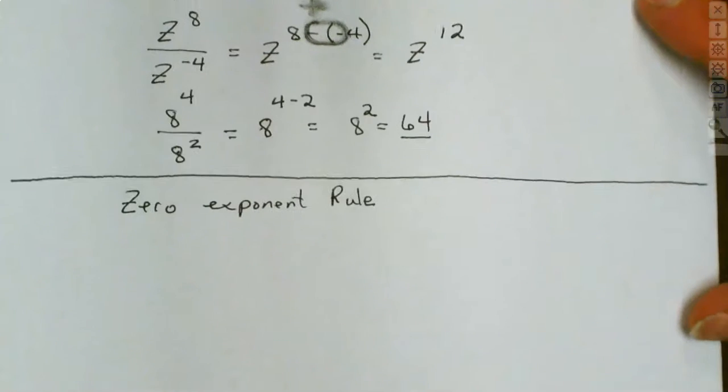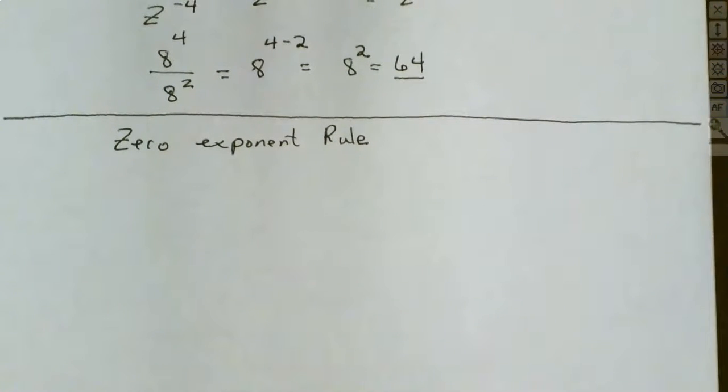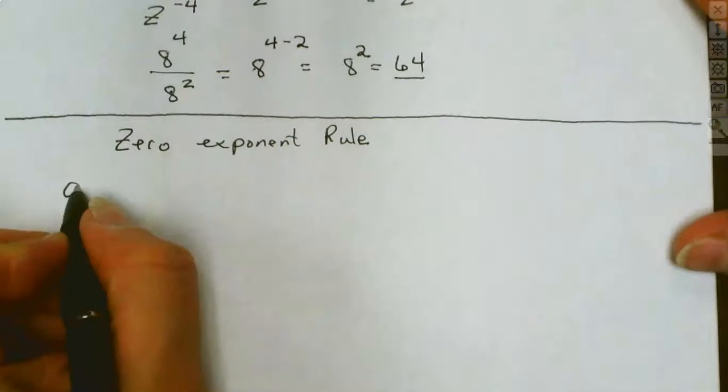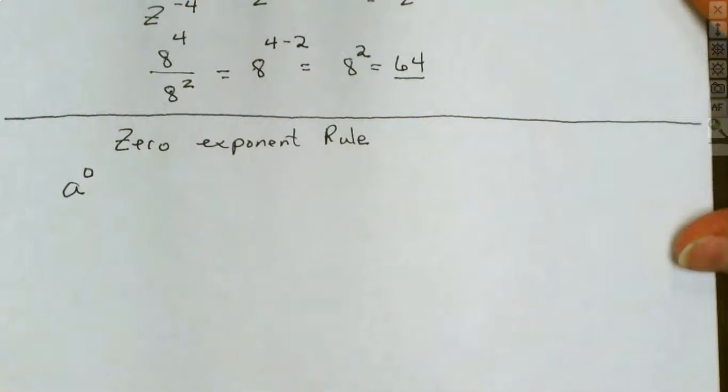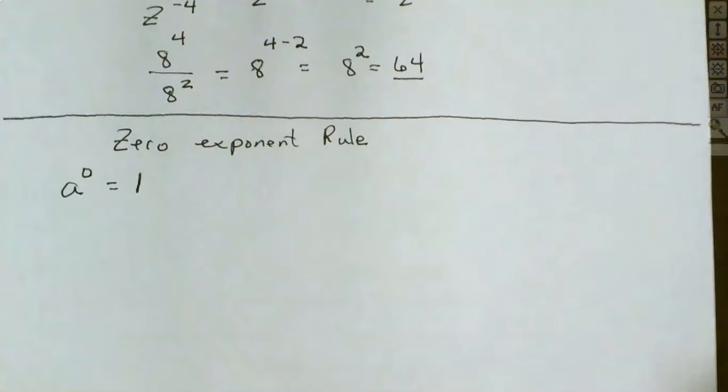Okay, the zero exponent rule says any number to the 0 power is 1. So it doesn't matter what it is. If it's raised to the 0 power, it's 1. Variables, numbers, all the same.